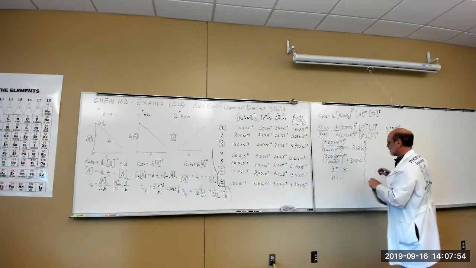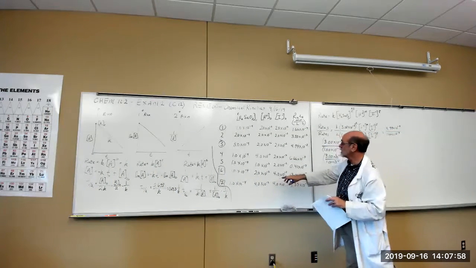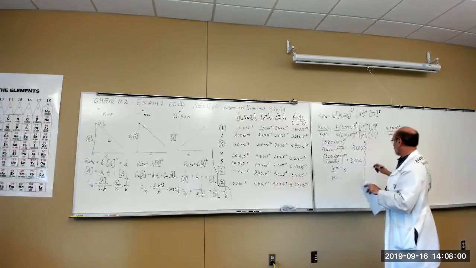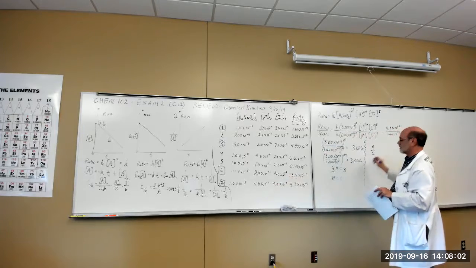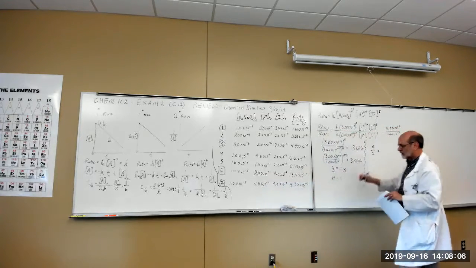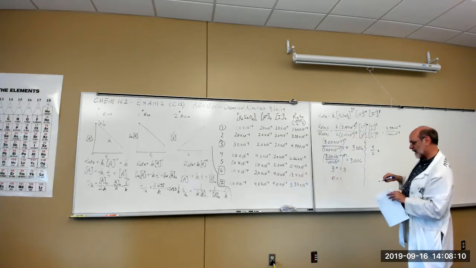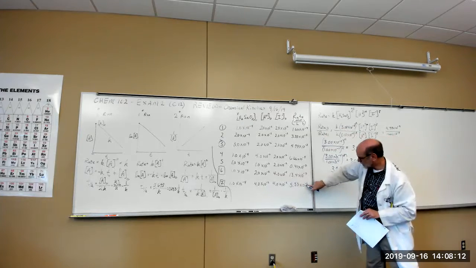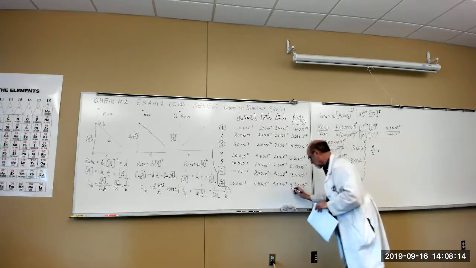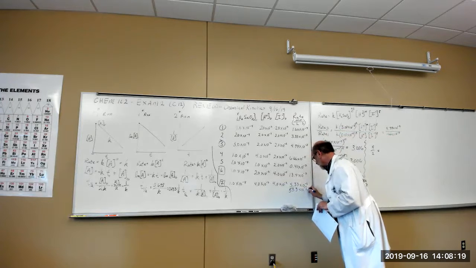So what we're going to end up with is 7 and 6, hydrogen 4 divided by 2, right? 4 divided by 2 equals 53.3 times 10 to the minus 7.